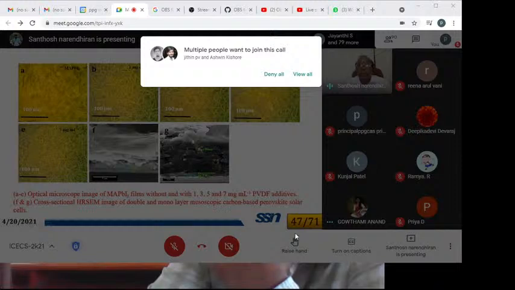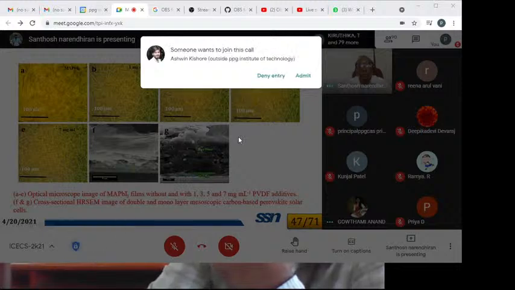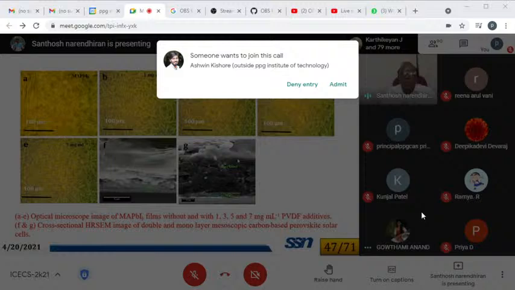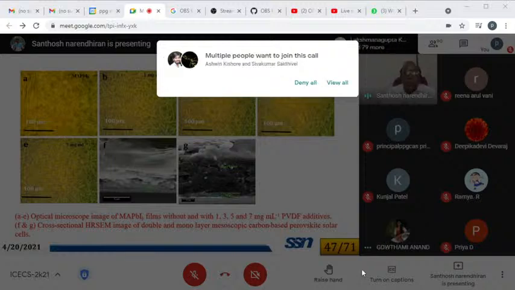And additive, higher value, still bigger additive, and then this additive. So we increase the additive value stage by stage. Then we make the perovskite material, and then we study what happens.